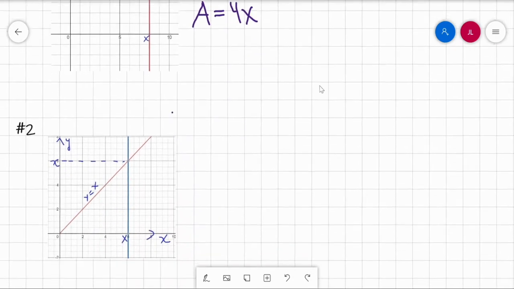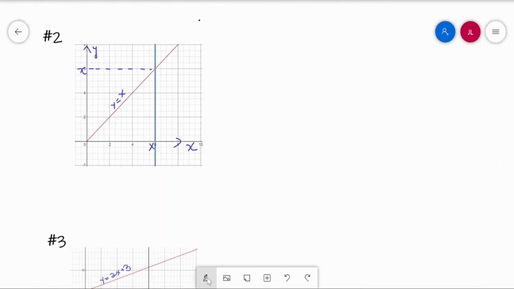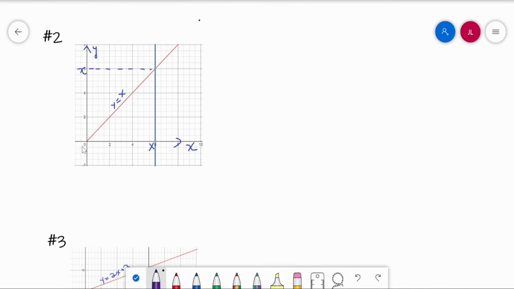Okay, now let's look at the next example. In this next example, number 2, we have the line y equals x. So y varies as x varies. y isn't a constant anymore. y equals x. And now we're looking at the area of a triangle because y equals x intersects the x-axis at 0.